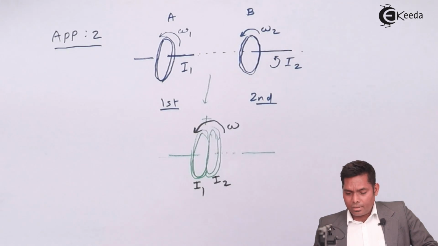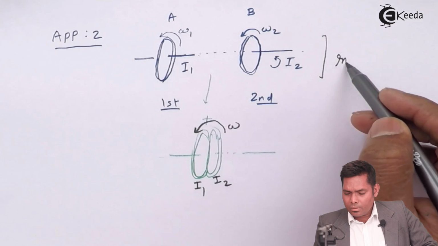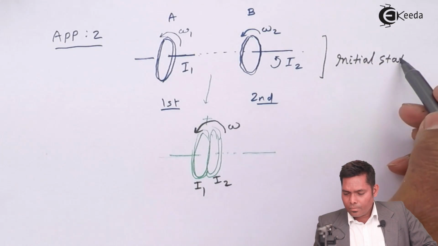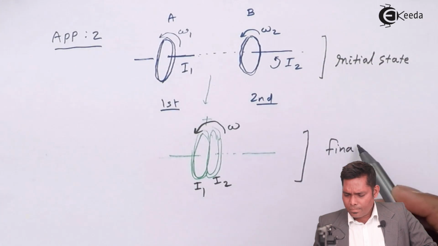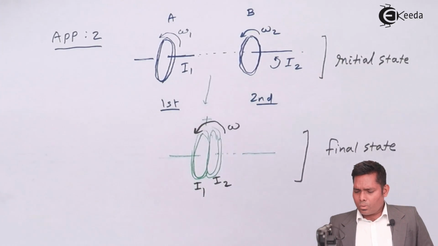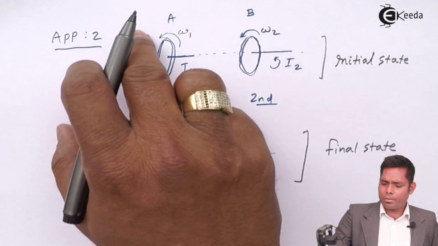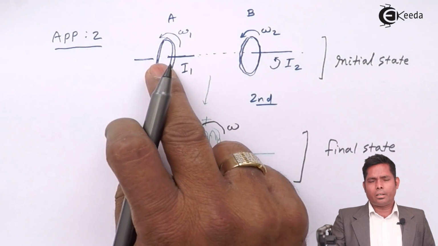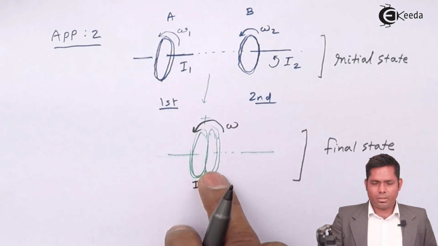This is the initial state, and this is the final state. So I'll find the angular momentum of the system before they are together and after they are together.